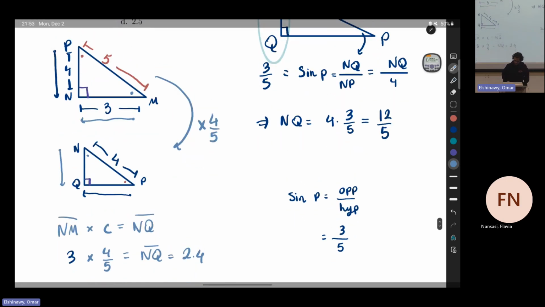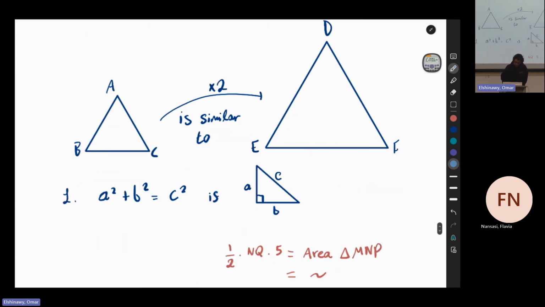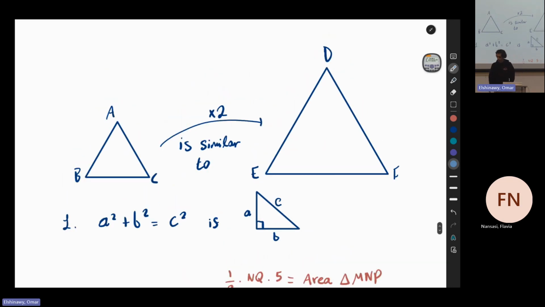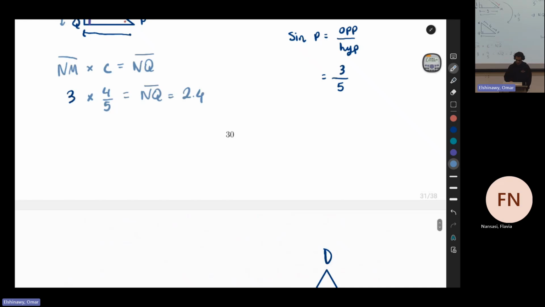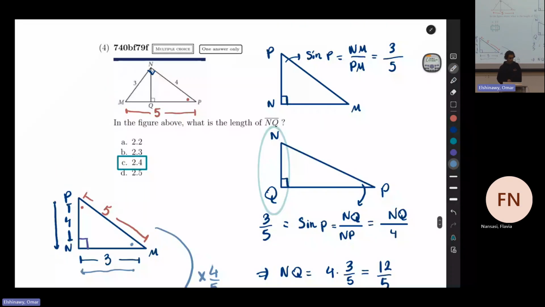You can try to do something else. But this is the idea with similar triangles. This is a common theme. I want you to really focus on the fact that you have a right angle triangle and another right angle triangle, and they have a common angle. That's already 2 angles.